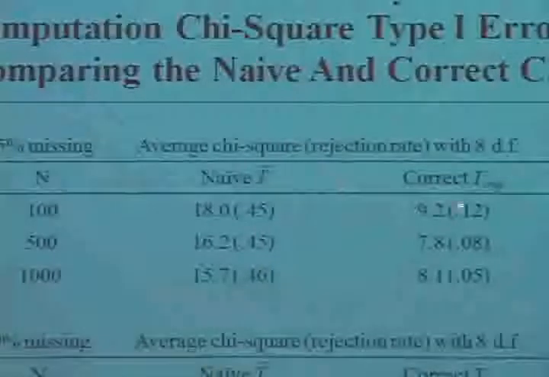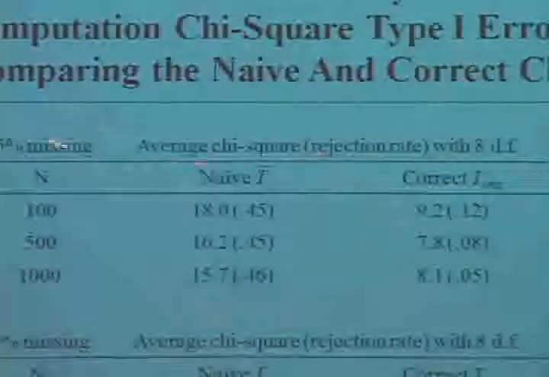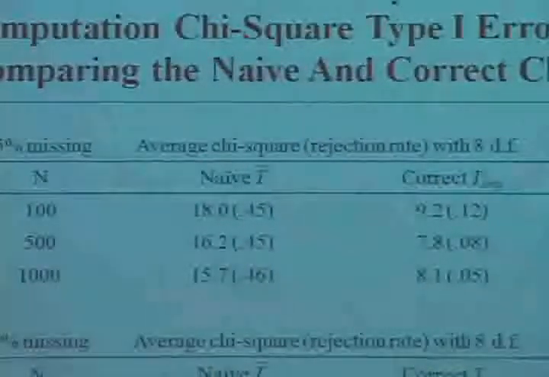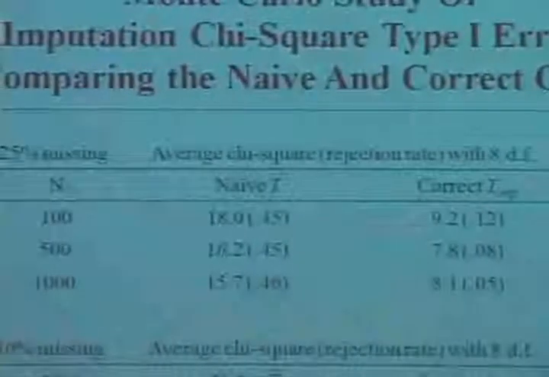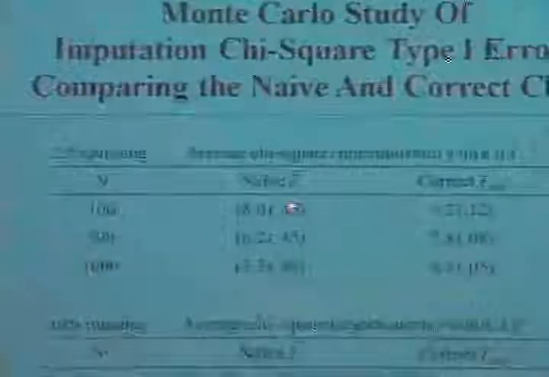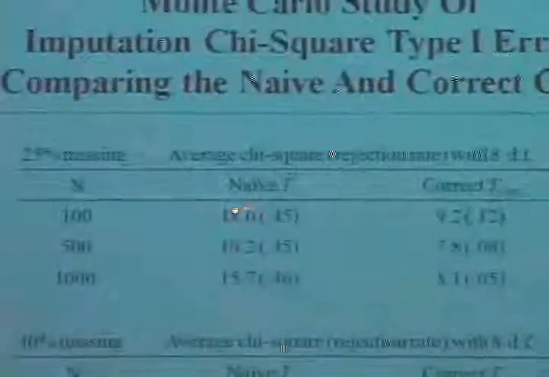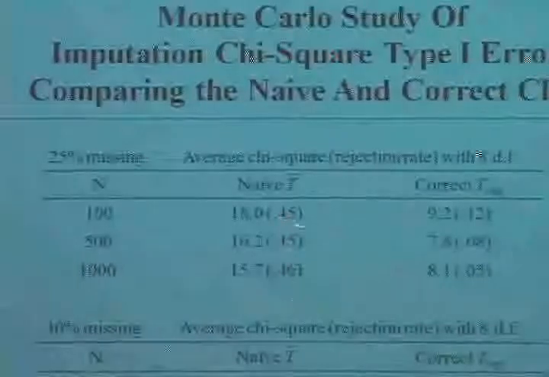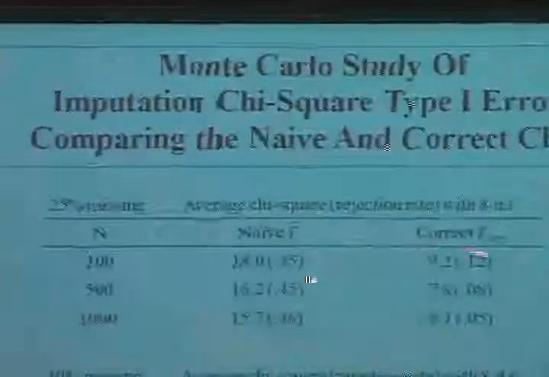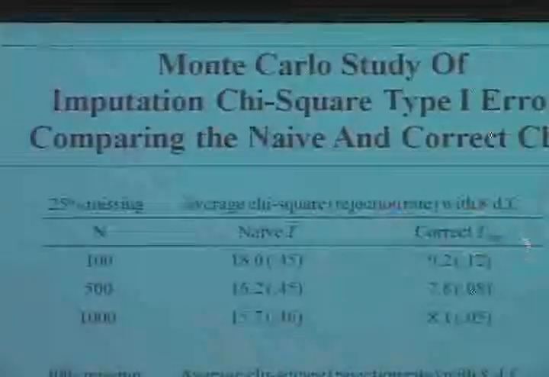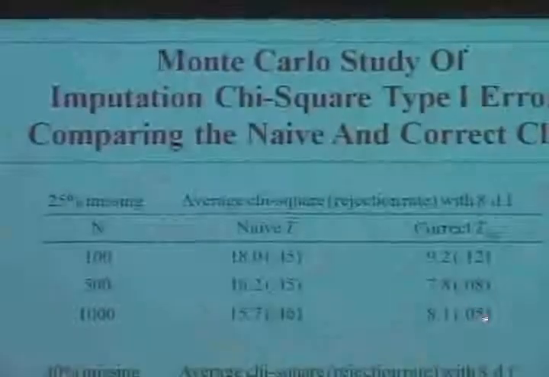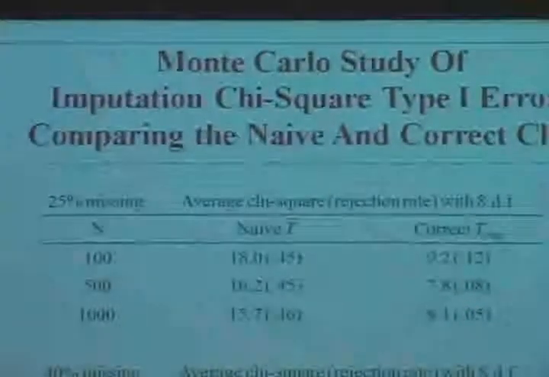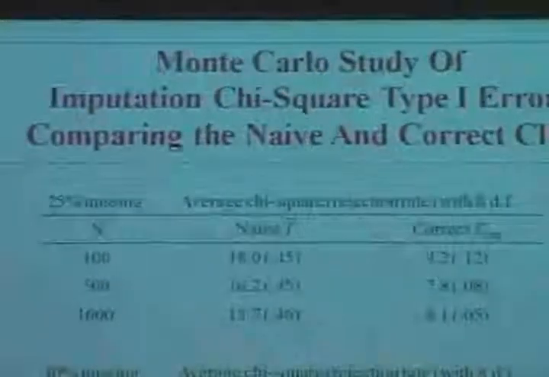In this particular simulation, the model that we analyze is the same as the true model. So if you reject the model, we get a 5% rate, exactly rejecting the correct model. Rubin's chi-square rejects 5%, which is the nominal rate it's supposed to reject.